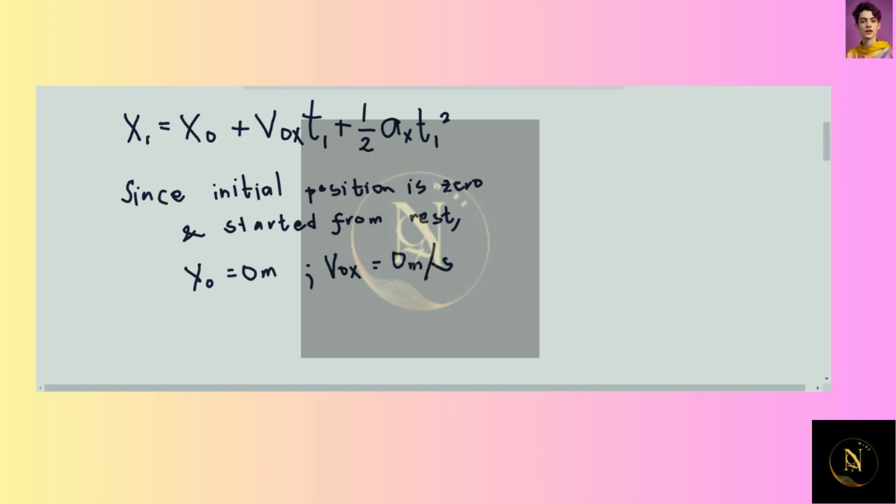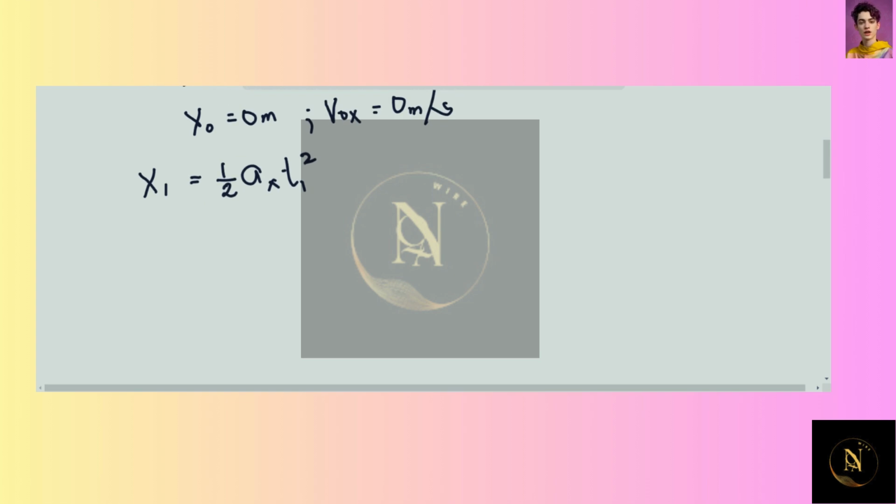As such, the equation reduces to x sub 1 is equal to 1/2 a sub x multiplied by the square of the time. Since the time is what we are looking for, we can isolate this on the left side of the equation. The equation becomes t sub 1 is equal to the square root of 2 multiplied by the distance x sub 1 over the acceleration we calculated.